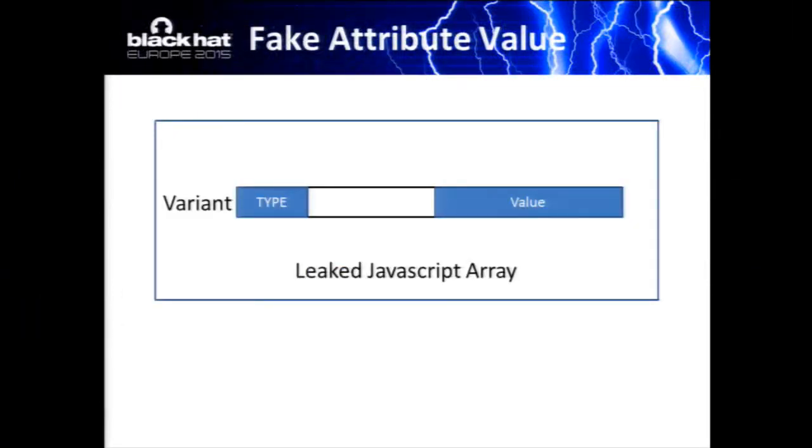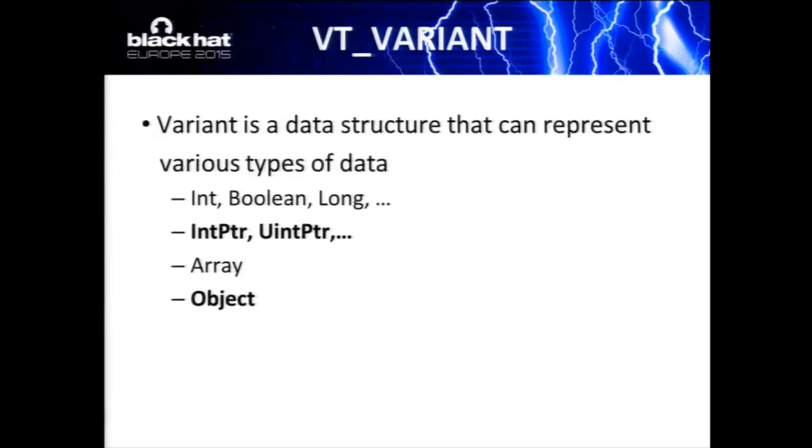This is the fake variant that is in our controlled JavaScript array. We can modify it. We have full control of this fake variant data. Variant is a data struct that can hold various types of data.